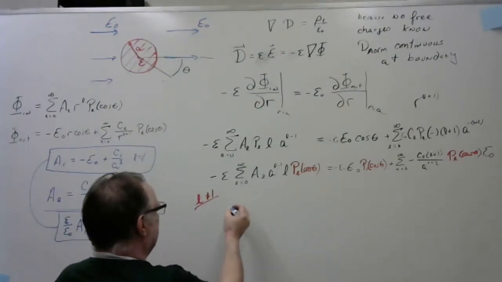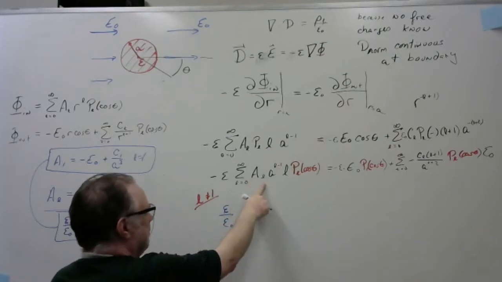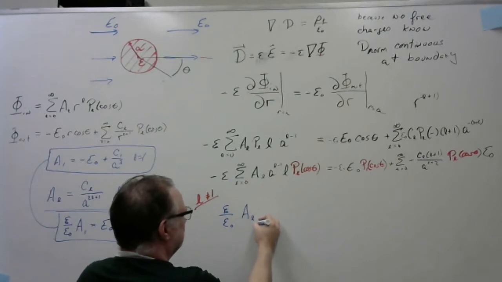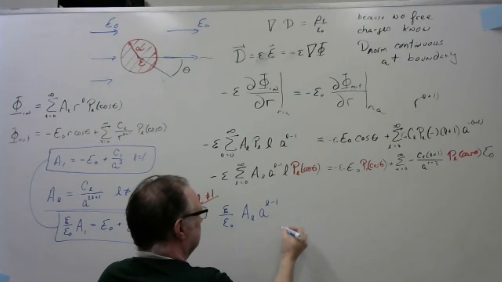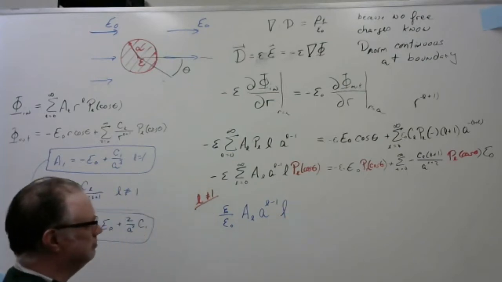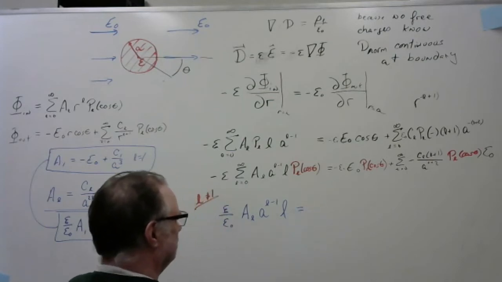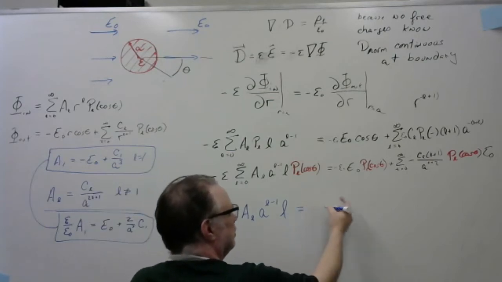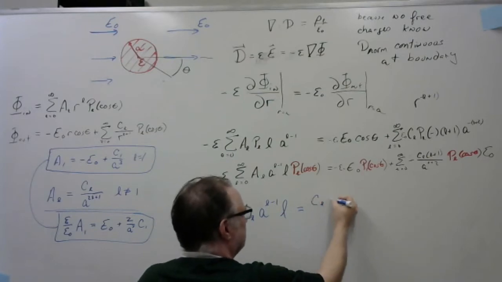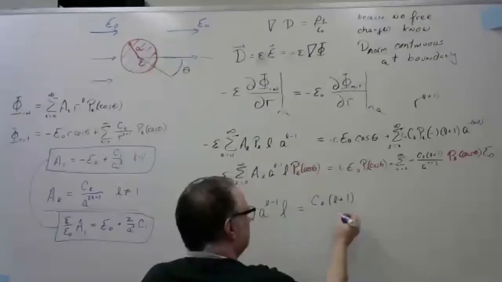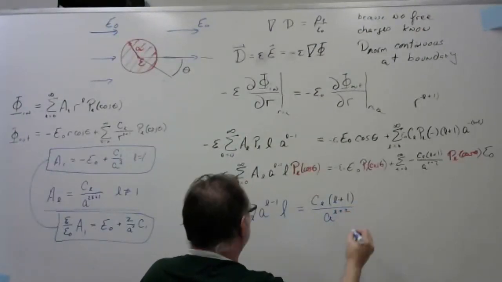So what I'm going to get is epsilon over epsilon naught multiplied by A sub L multiplied by A to the L minus 1 multiplied by L must equal, minus, no, there's no minus, I'm sorry. So I'm just left with CL times L plus 1 divided by A to the L plus 2.